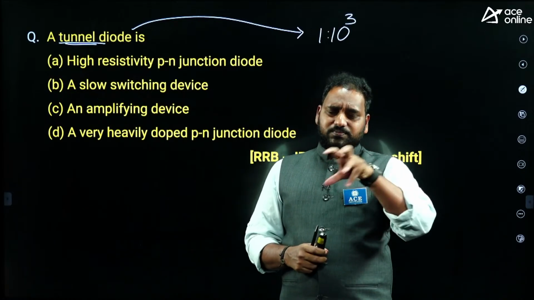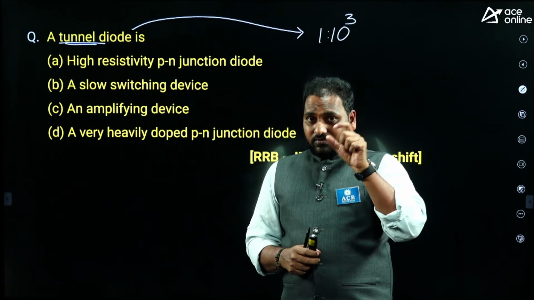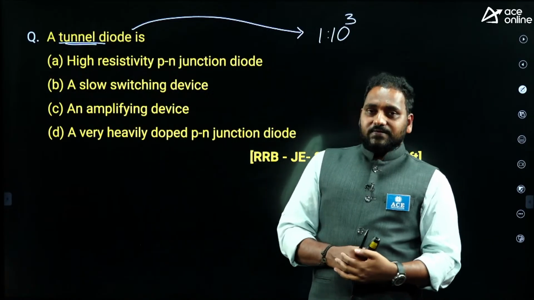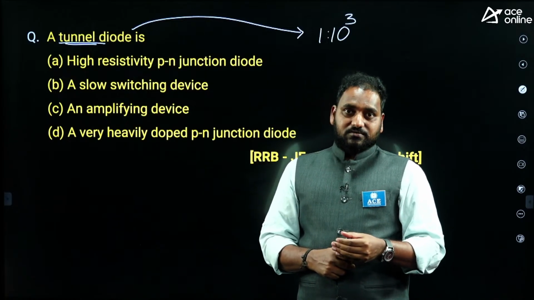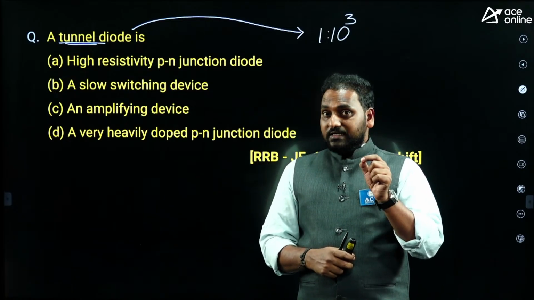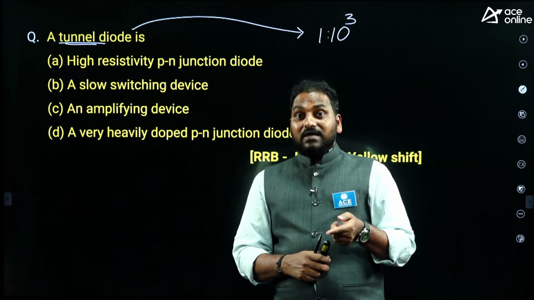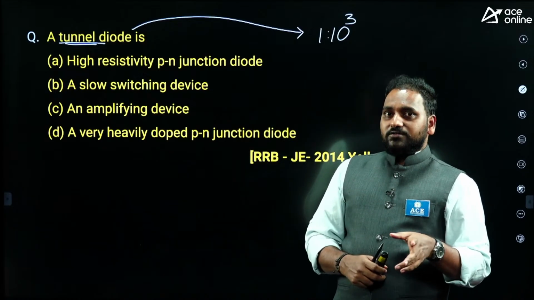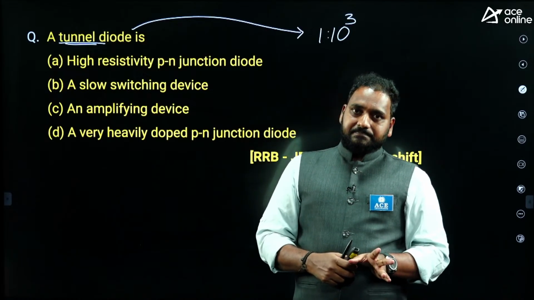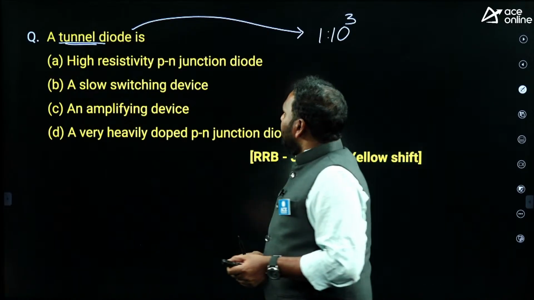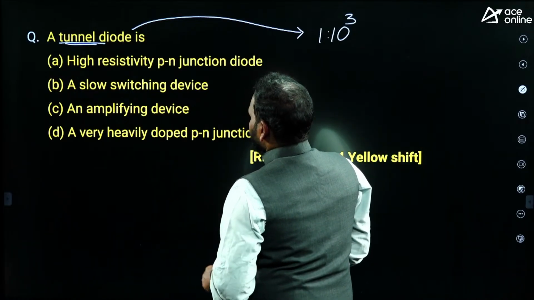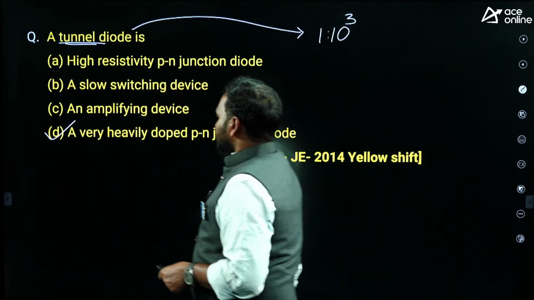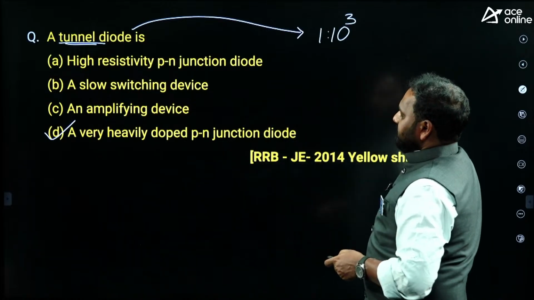Due to the negative resistance property, we use it for microwave frequency oscillators, high frequency oscillations, and picosecond pulse train implementation. These are the extra points we can take. And for the question, what is the answer finally? Not high resistivity, not slow amplifier, but very high doping. D is the correct answer.